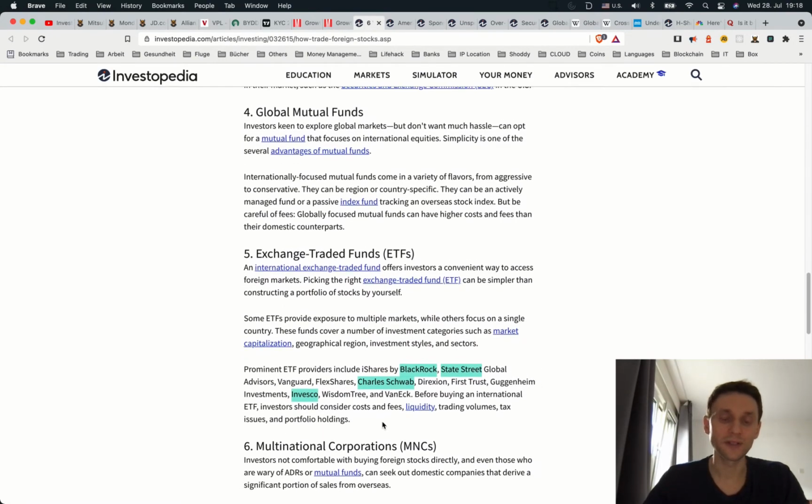You can invest in foreign stocks through ETFs, and by the way, those ETFs are very cheap. Some ETFs are free, so you don't have to pay fees at all. If I compare ETFs to mutual funds, for example active mutual funds, be careful, mutual funds are very expensive.